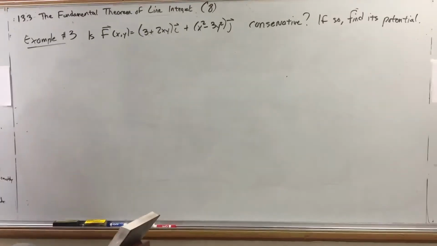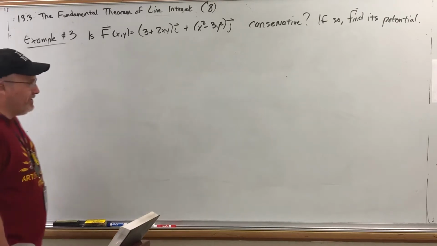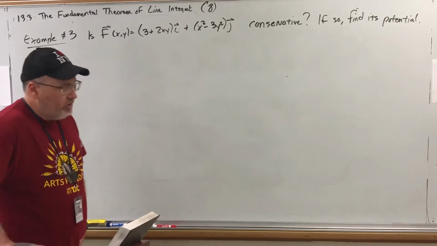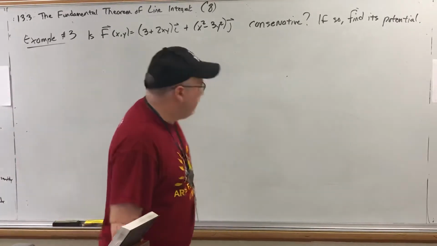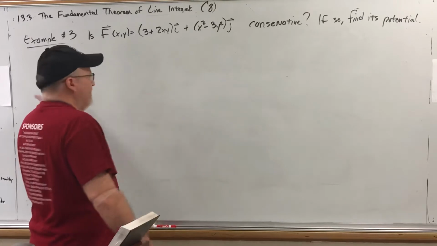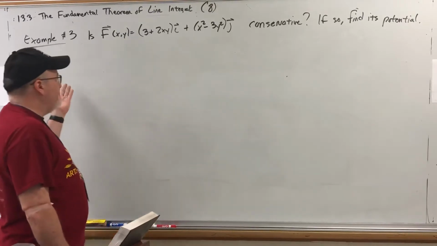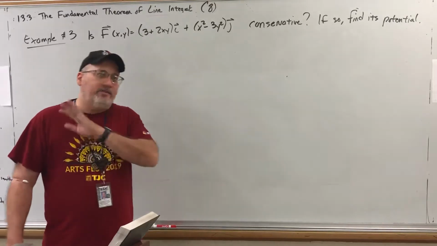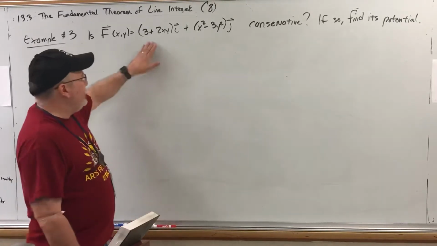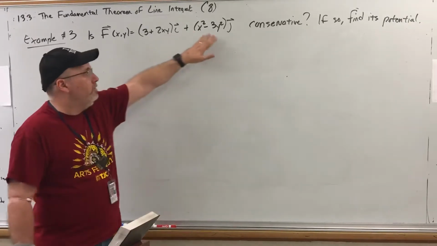But I digress. To answer the question if this is conservative, we can take advantage of Theorem 6, which said if all these things happen, then the function is conservative. Well, we're not given a domain, but in the absence of a stated domain, you can assume that your domain is the largest set that makes these defined and real.